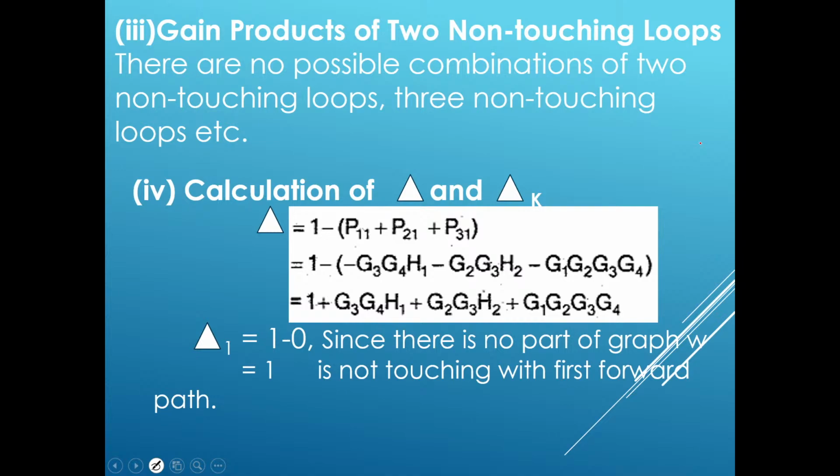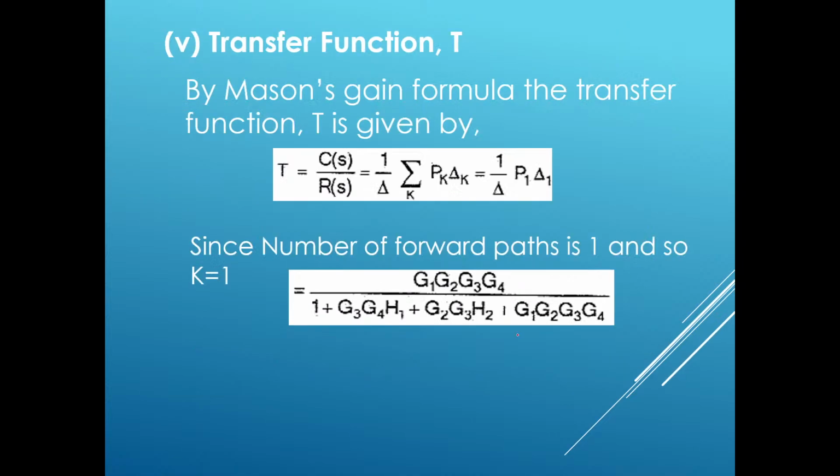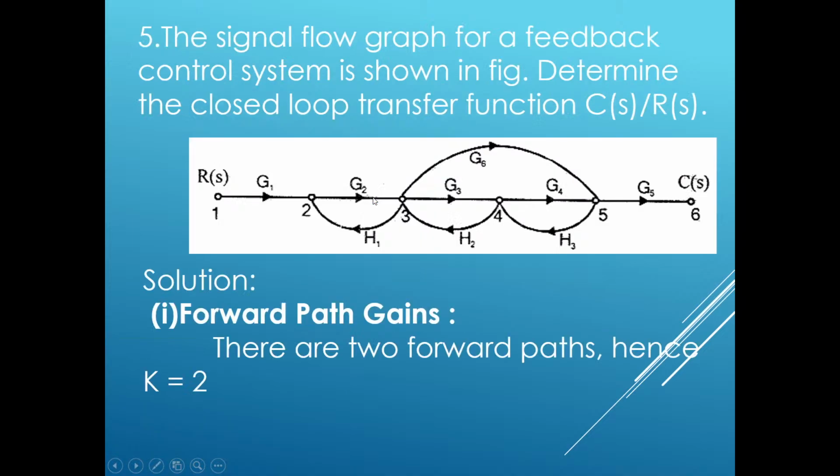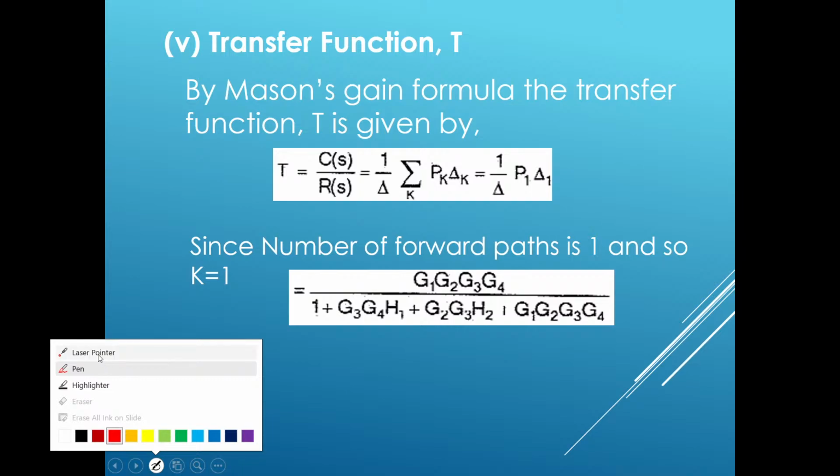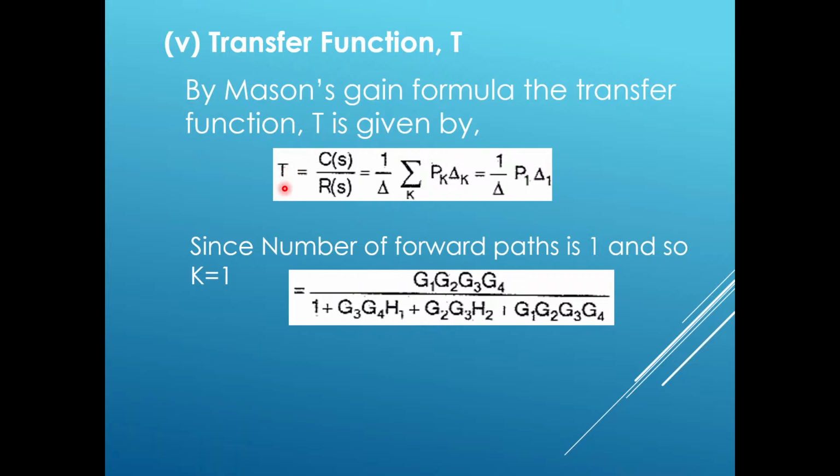Now let us see the transfer function. The transfer function notation is T. Mason's gain formula is T equal to 1 by delta, sigma k P k delta k. I will take the laser because the slide changes unnecessarily. So with k equal to 1, T is equal to 1 by delta P1 delta 1.